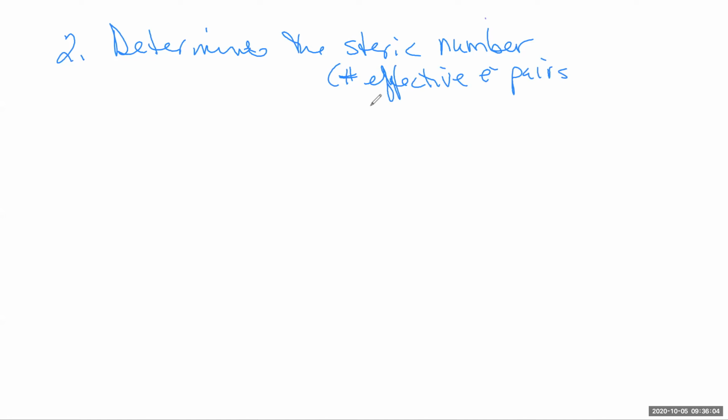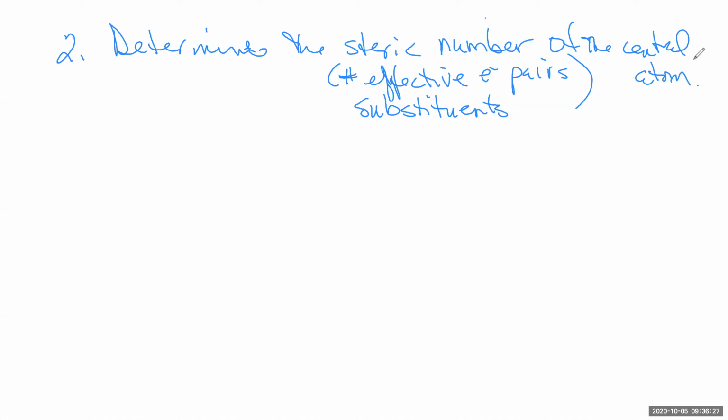Some people call it substituents. It really depends on the author of a textbook. So I like to use steric number and number of effective electron pairs. And when you're determining the steric number, this is of the central atom. We don't really care about the terminal atoms when we're applying VSEPR. We're really just looking at the central atom.